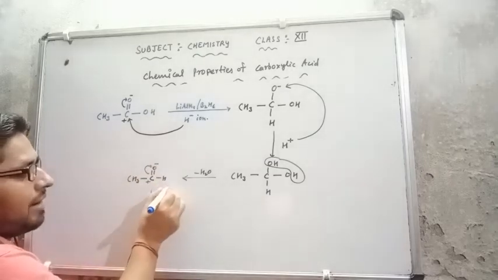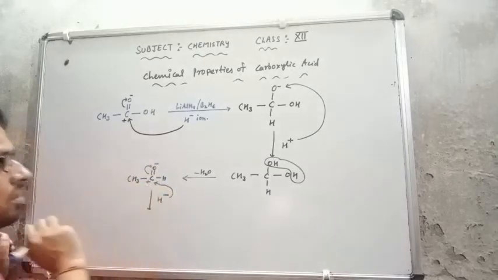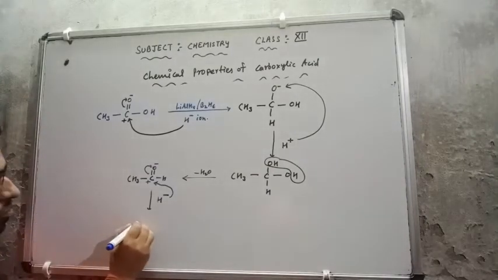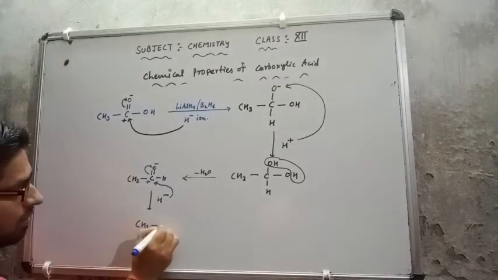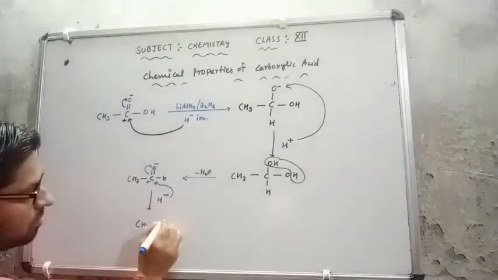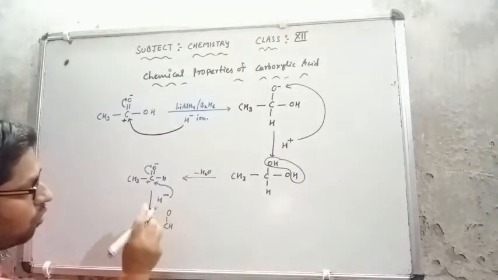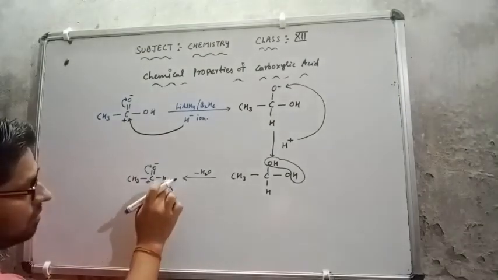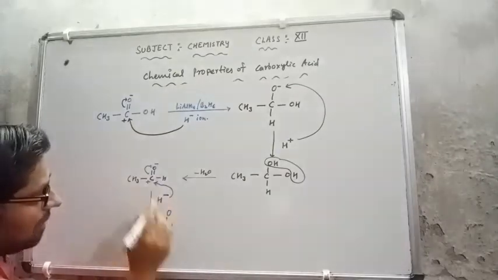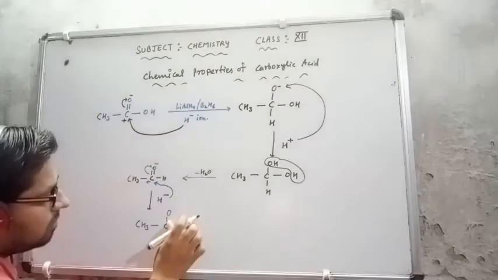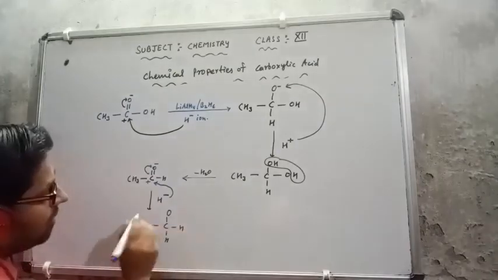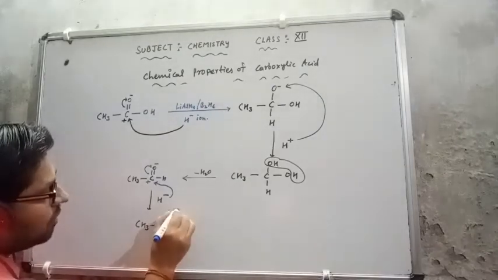So this hydride ion is going to attack this positively charged carbon. So I am getting here CH3 single bond CH, single bond O, and this H that I indicated is attached here. You can think of it this way, and this is the negative charge.